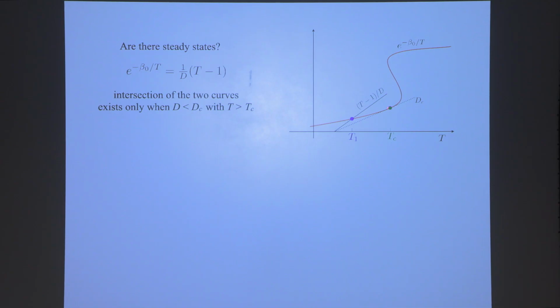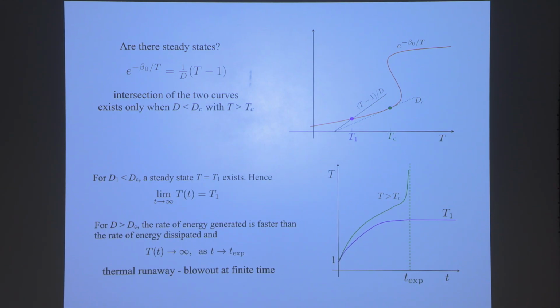When it's tangent, it's just the critical condition. When the slope is a little less than that, you never have any ignition; you have an explosion. This is what the temperature would look like if you reach a steady state or not.